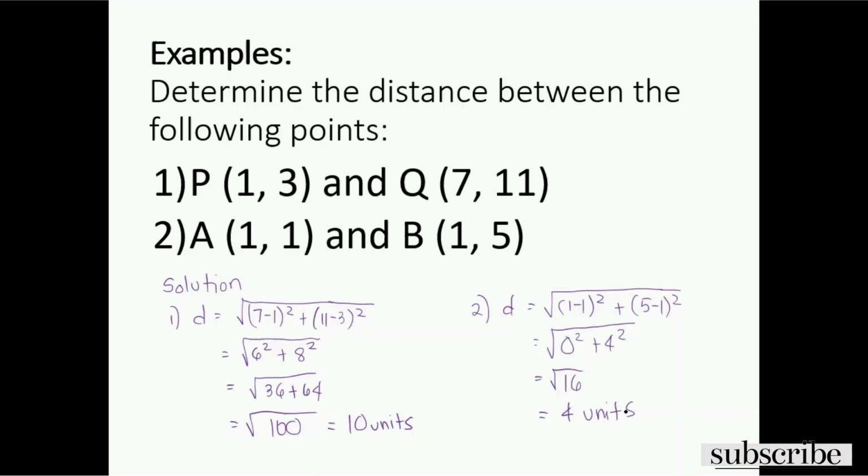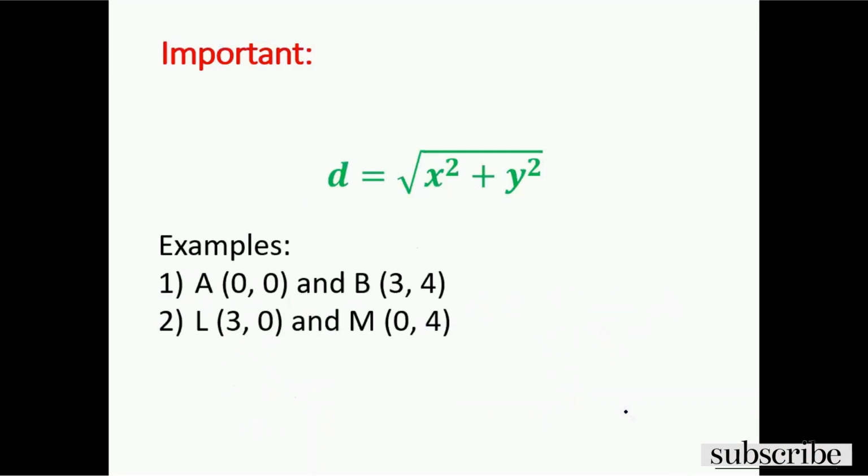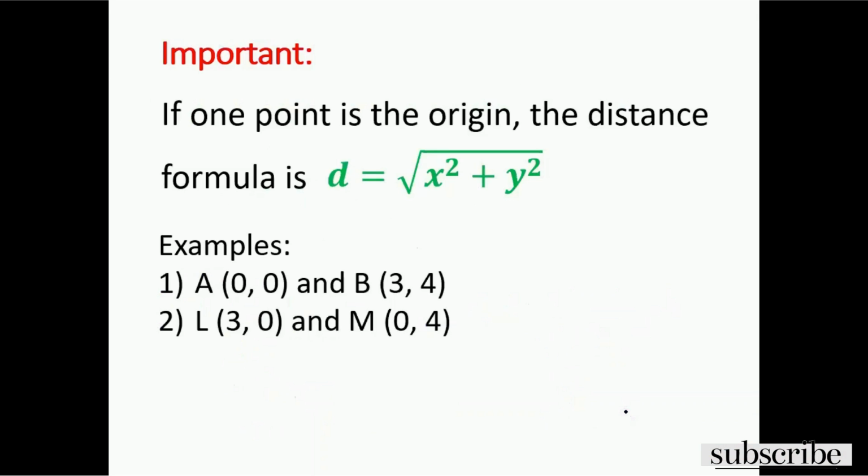Okay, but then what if one point is the origin? What are we going to do? If one point is the origin, the distance formula now is d equal to the square root of x squared plus y squared. So let's have an example. Take a look at example number 1. The first point is the origin. In this case, we can use this formula.